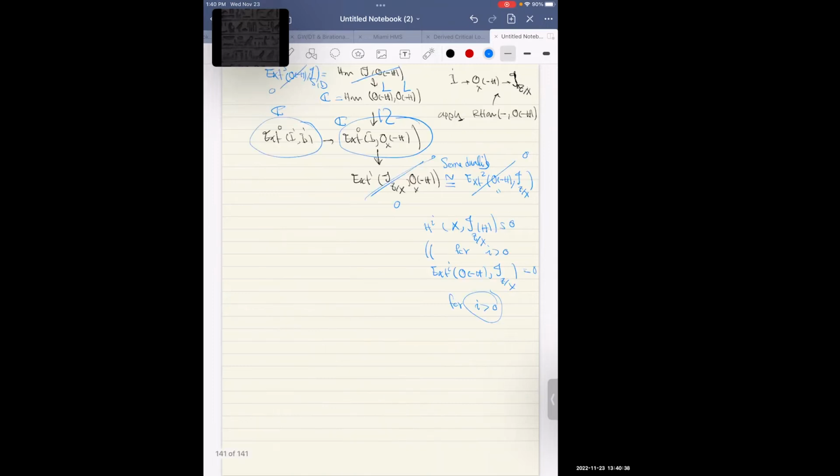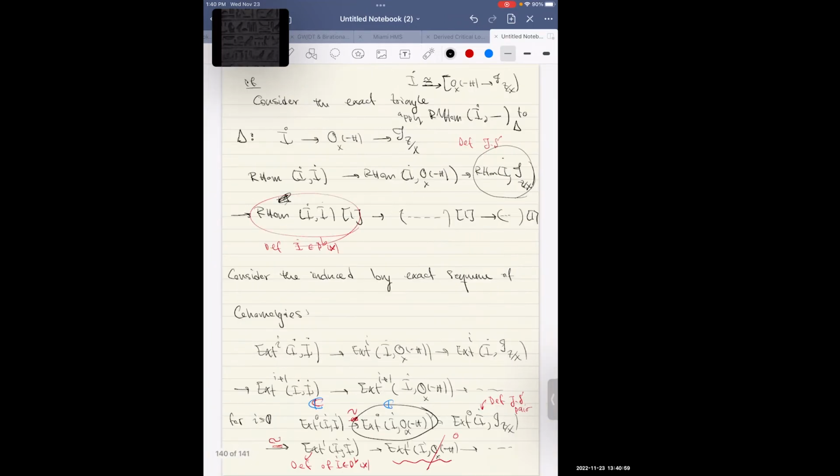So, okay, let me rewrite this exact sequence again. So I had x0, I dot, which is isomorphic to C, goes to x0, I dot ox minus h, which is also equal to C. Yes.